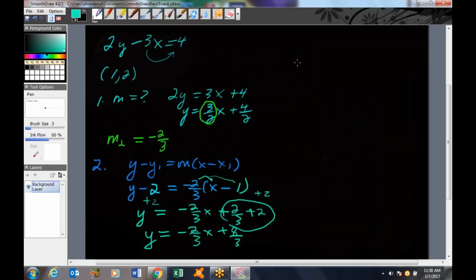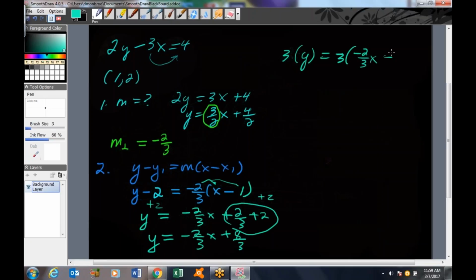So here's my equation in slope-intercept form, and as you can see, the slope is a negative reciprocal of the other line. You might want to multiply everything by 3. 3 times everything. 3 times the negative 2/3 x plus 8/3.